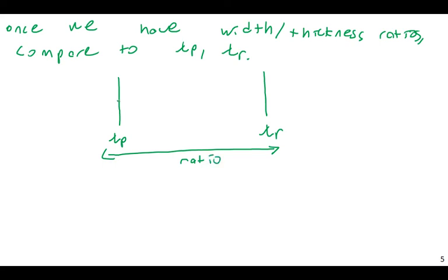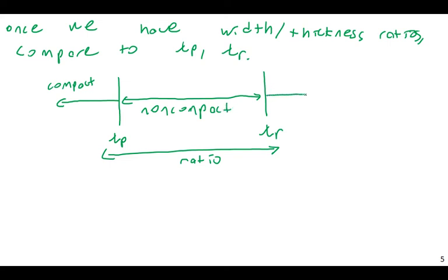Anything less than lambda p is going to be compact. Between lambda p and lambda r, we'll refer to it as non-compact. And anything more than lambda r, we'll refer to as slender.